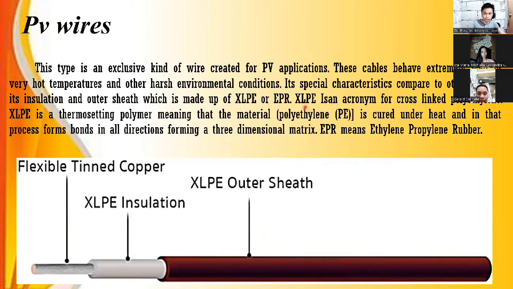XLPE is an acronym for cross-linked polyethylene. So XLPE is a thermosetting polymer, meaning that the material is cured under heat, and in that process forms bonds in all directions, forming a three-dimensional matrix. And EPR means ethylene propylene rubber. So yun po ibig sabihin nun. Next slide po.